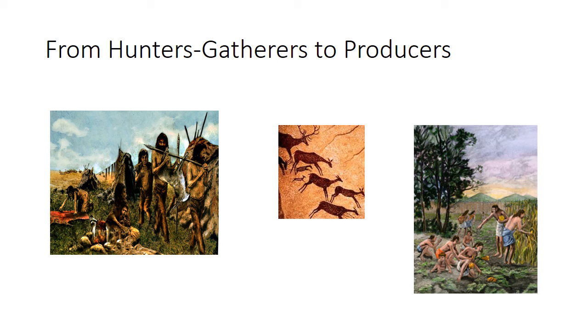And then on the right, you see the beginning of agriculture when more advanced Cro-Magnons, probably something like 10, maybe 8, 7,000 years ago, not that far away from us, learned how to grow crops. Right? And this changed the life of the human race tremendously.